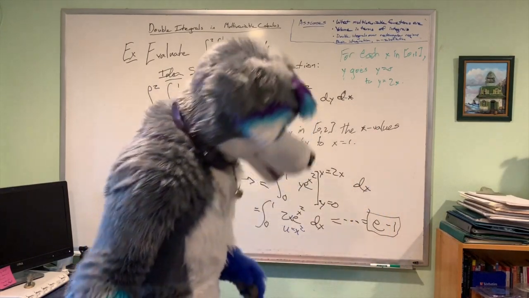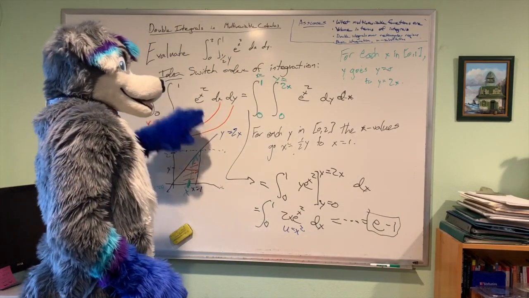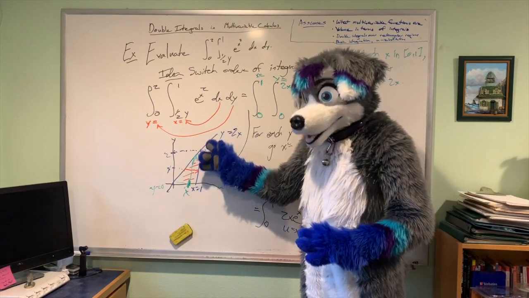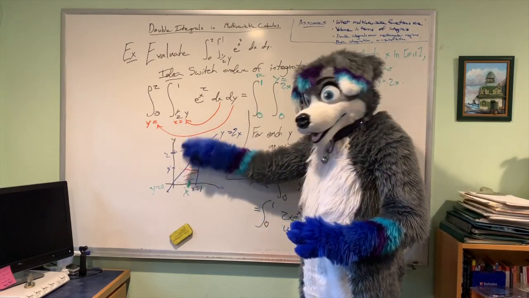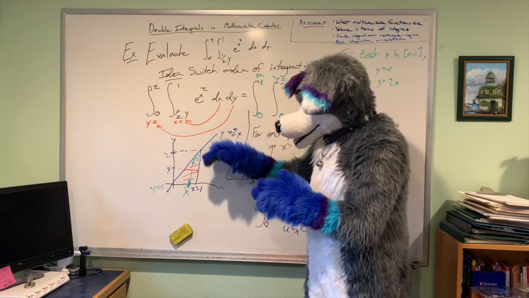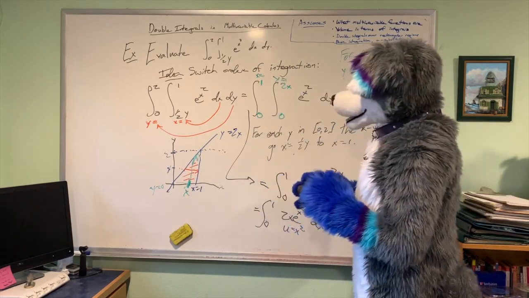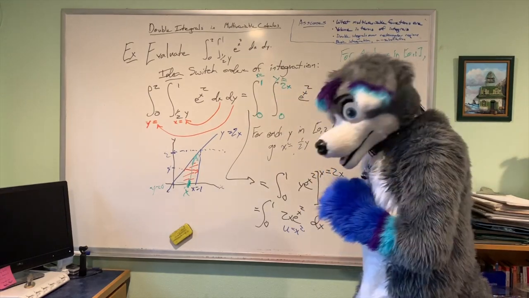The main thing was switching the orders of integration and being able to draw your region. You've really got to be able to do that, even if it's not precise. You just need to know some intersection points and be able to visualize something in order to write down your limits of integration.